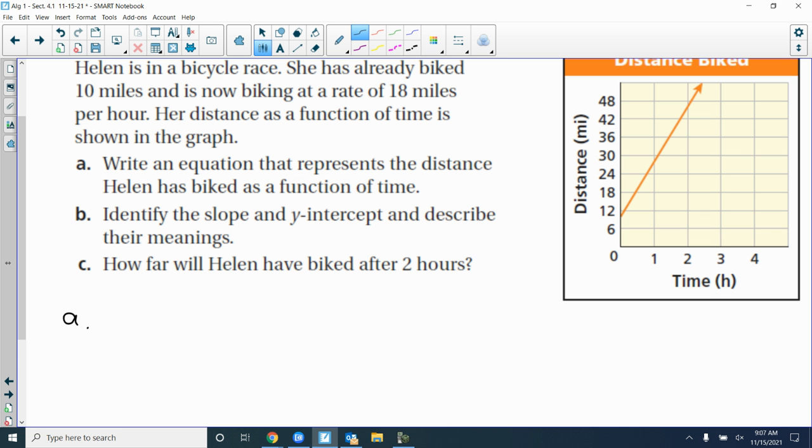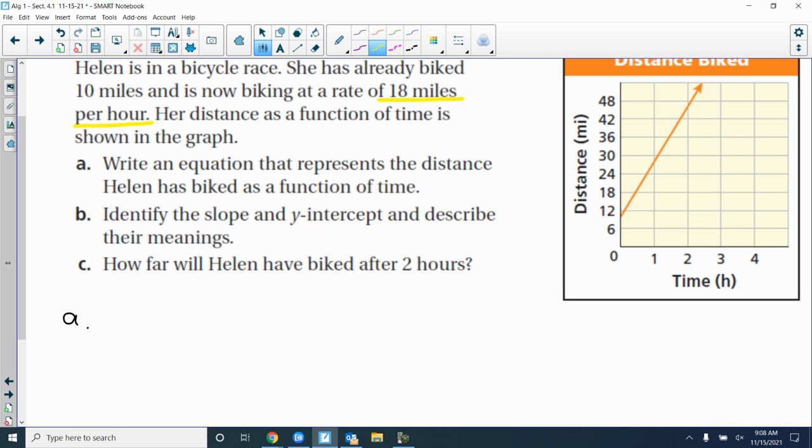We don't know what rate she was biking to get that 10 miles. So basically, after she's done 10 miles, she will be biking at a constant rate of 18 miles per hour. I'm not sure what happened before that, but that's irrelevant in this case because from here out, she's going 18 miles per hour. That's your constant rate of change.